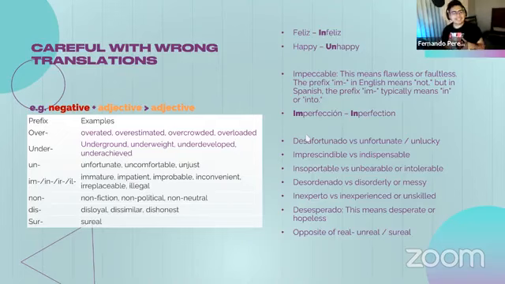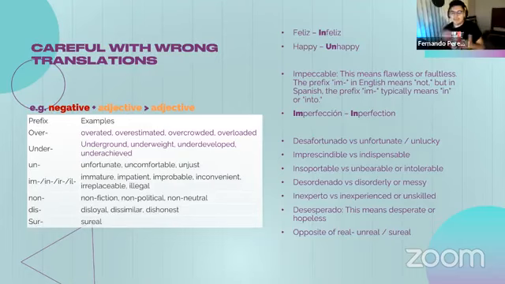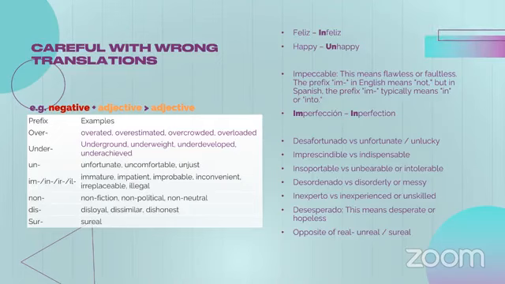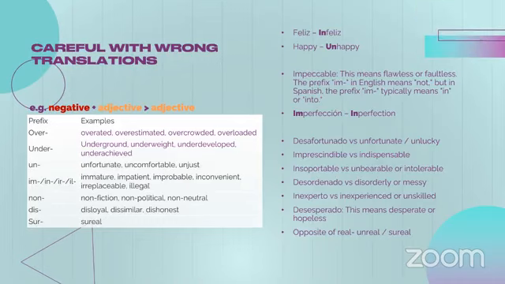Now, it will depend if you are talking about the artistic movement of surrealism, then you will need to use surreal, right? But if you are talking about something that is strange, you can also use the adjective surreal in English. Not necessarily talking about art. You see? So surreal. That's right.